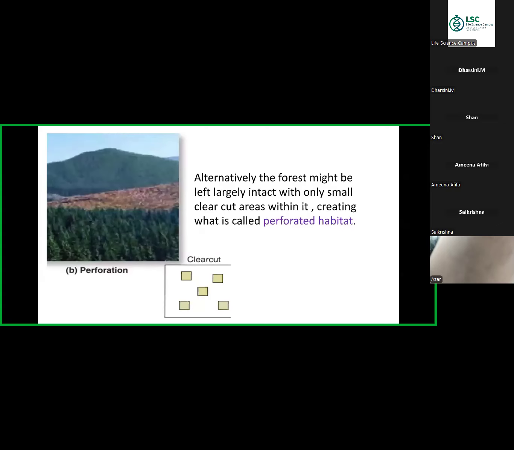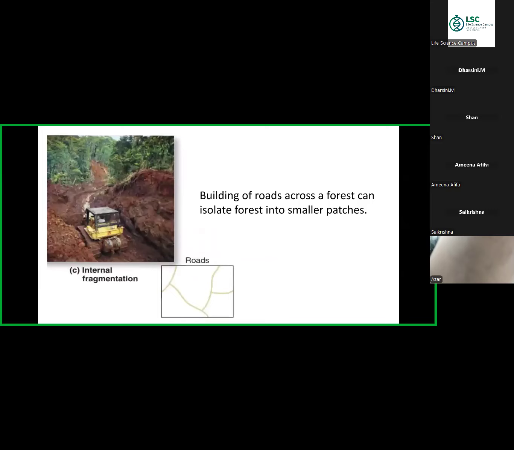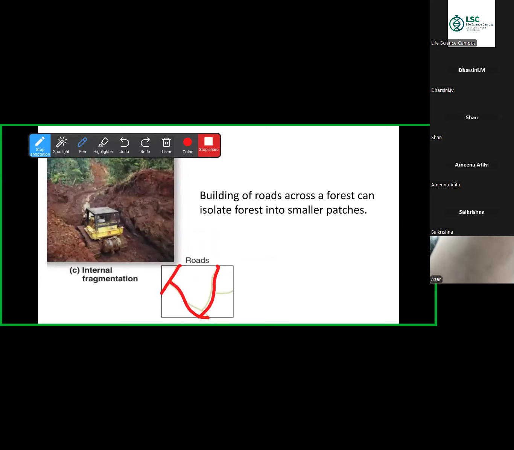And the third case is internal fragmentation. Internal fragmentation means building of roads across a forest can isolate the forest into smaller patches. So in this figure, you can see that these lines represent roads and the remaining white area represents forest. So by the creation of these roads, the major forest area is left in smaller patches.